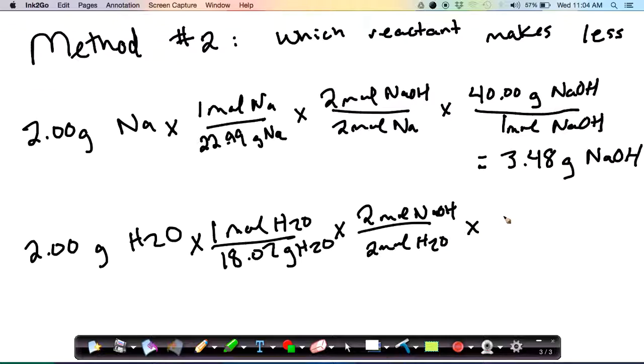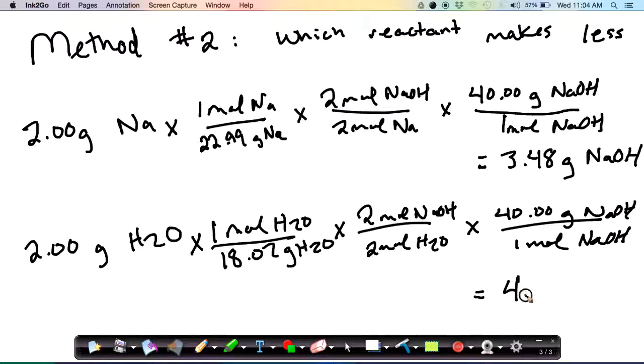And then multiply by the molar mass of sodium hydroxide, 40.00 grams per mole. And we do the calculation. We come up with 4.44 grams of sodium hydroxide to 3 sig figs.